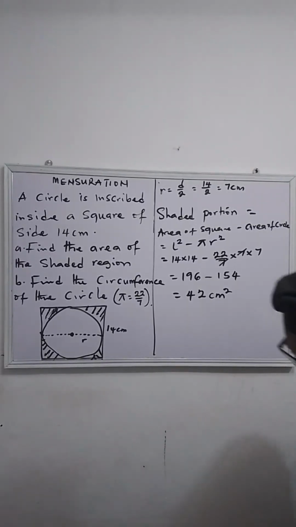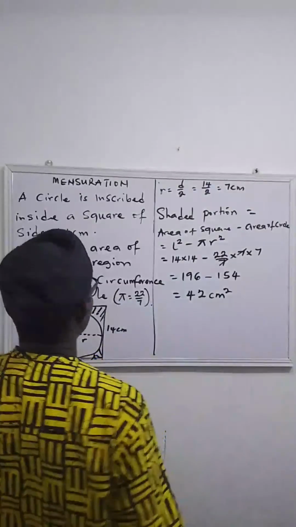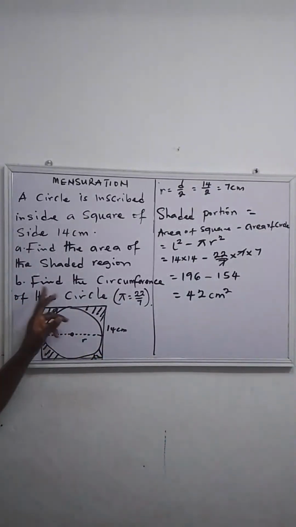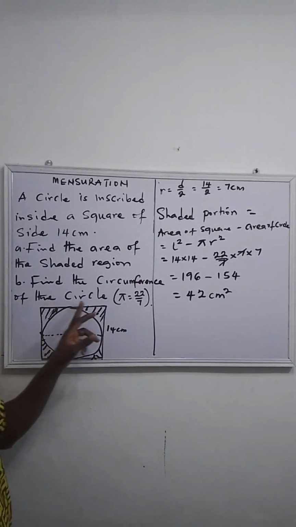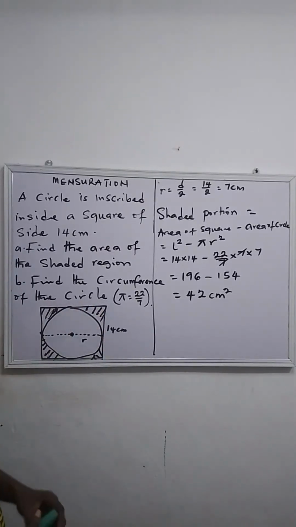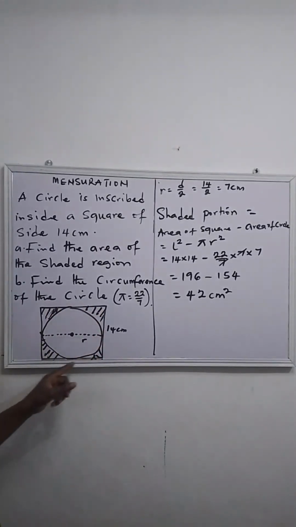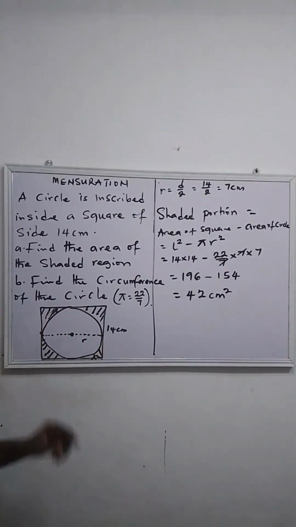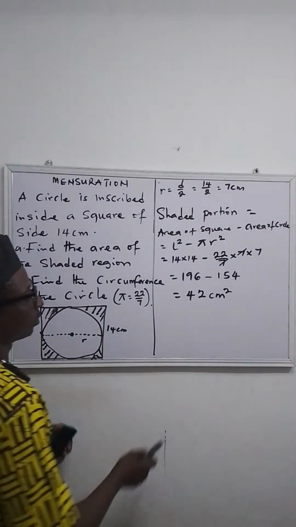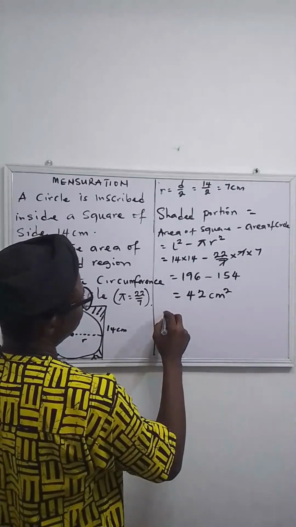So can we move down to the second part of the question? Now the question says, find the circumference of the circle. Circumference of the circle. So we want to get the perimeter of the circle. You know the formula for that? So that is what?